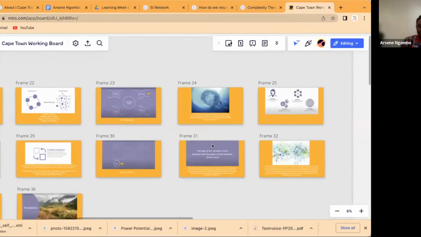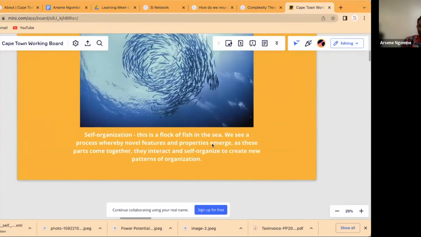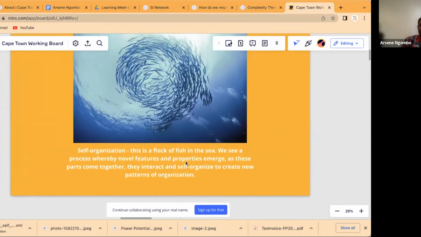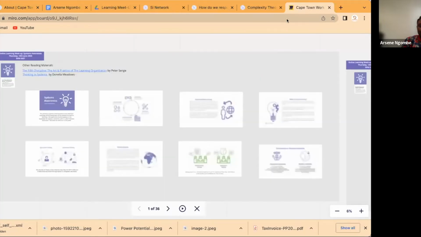Okay, let me just illustrate the point I was making about patterns. I found my slide again about self-organization when I was talking about fish. We see a process whereby novel features and properties emerge as the parts come together, interact and self-organize. This is how the whole concept of self-organization emerged.